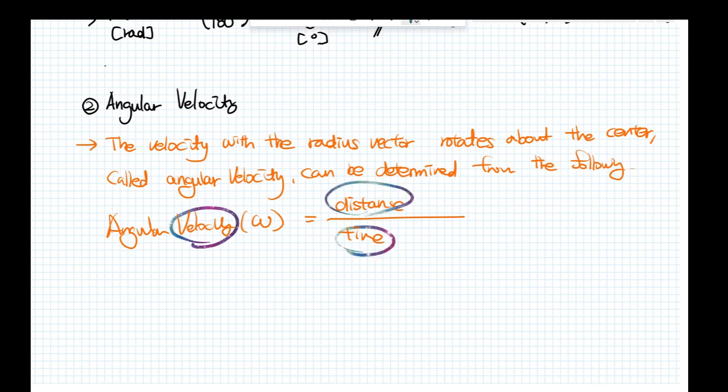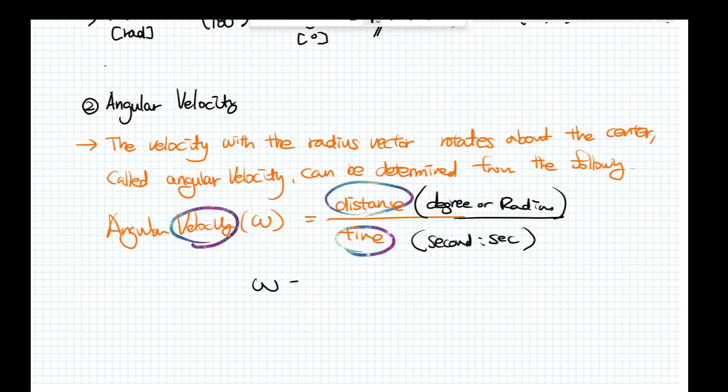For this, the distance is sometimes degree or sometimes radian, and then the time is the second, sometimes we write sec. So we can write the angular velocity omega as alpha divided by t, or sometimes delta t.